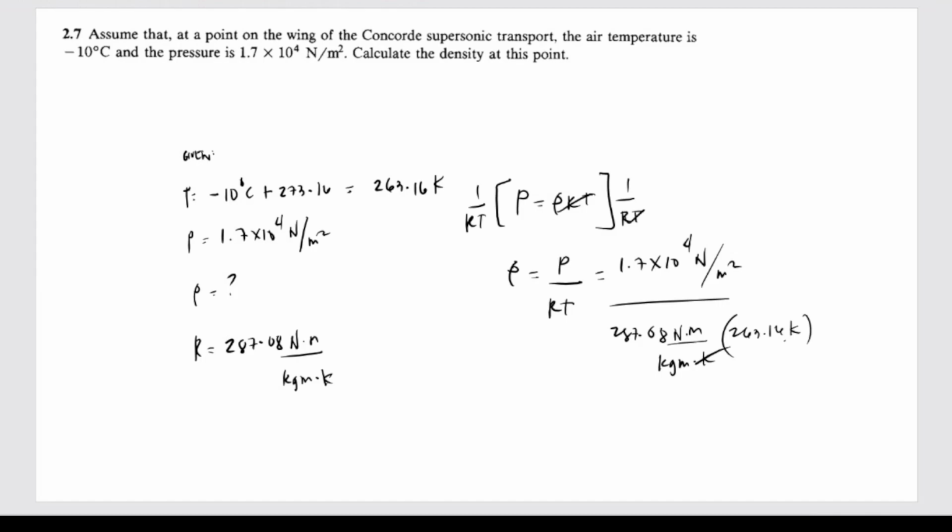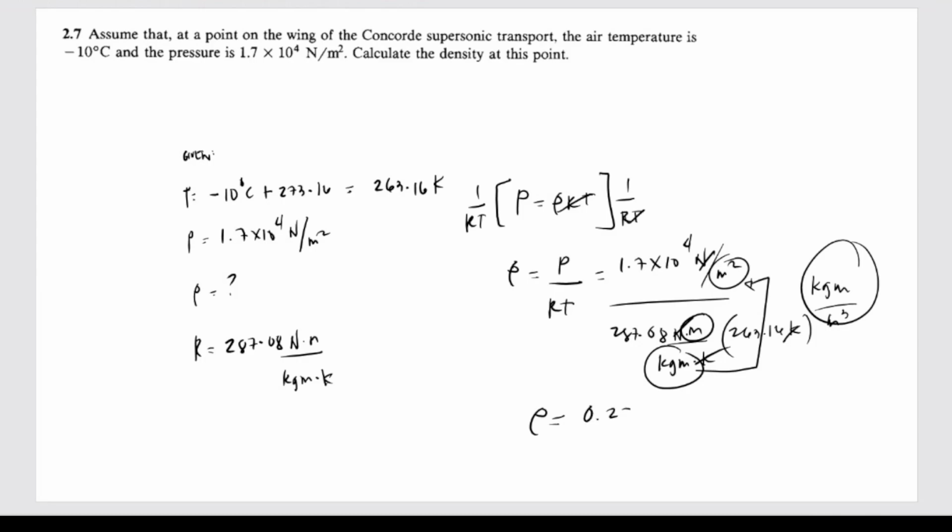So, cancel out the units, Newton and Kelvin, and we have m cubed at denominator. So, ang units is kilogram mass per cubic meter. So, ang numerical or final answer is 0.2250225833 kilogram mass per cubic meter.